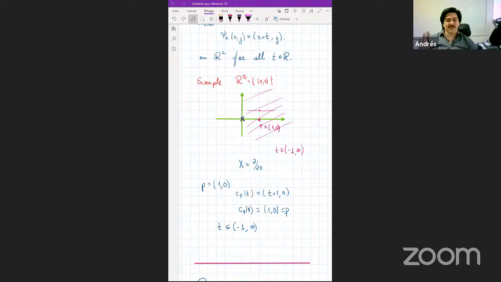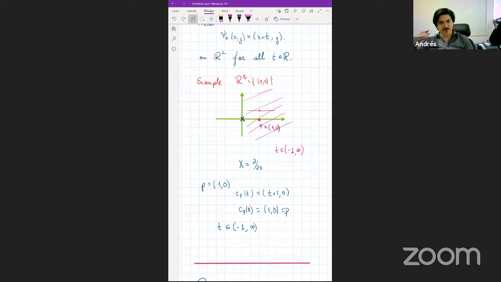So these are flows on Rn. Eventually, we will study this on manifolds. Okay. But I mean, the idea is exactly the same. So here, what is very, very important, you need to understand this.